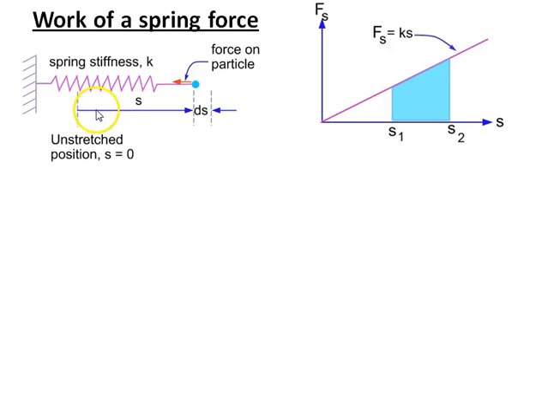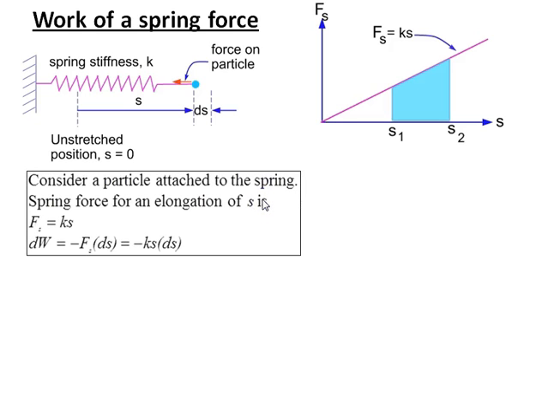So when the spring is elongated by a distance s, the spring force is acting backwards because you are trying to hold this particle and pull it to the right. By Newton's third law, the spring will exert a force in the opposite direction. So the spring force Fs is opposite to the displacement ds, which is going to the right.